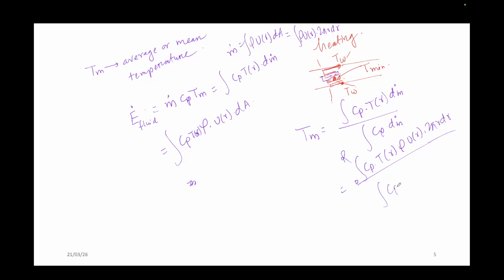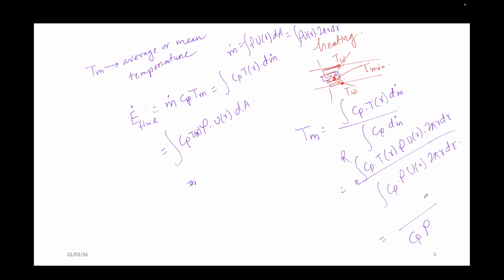Similarly here it should be Cp into rho ur into 2 pi r dr. So say for some reason Cp is constant, and rho is constant. So if you integrate the other thing, what will you get?